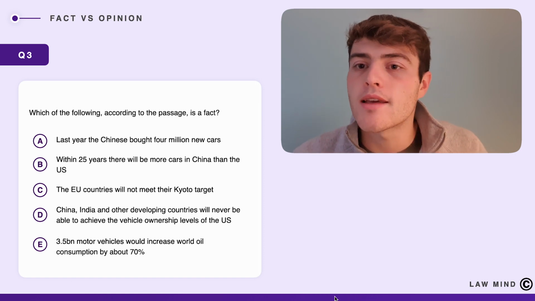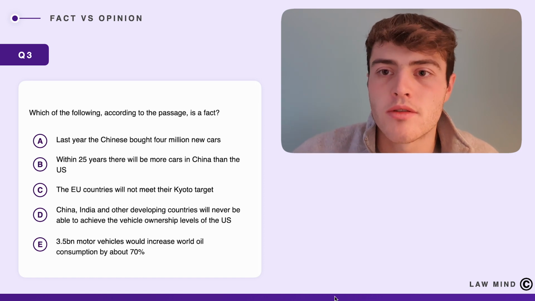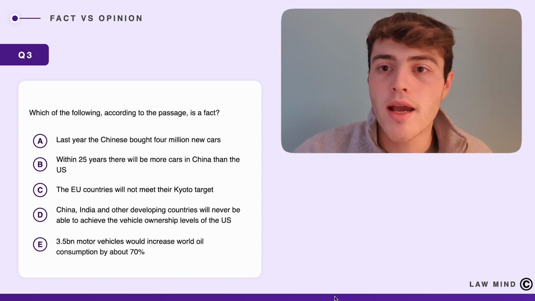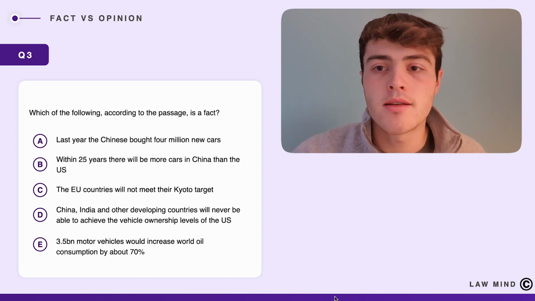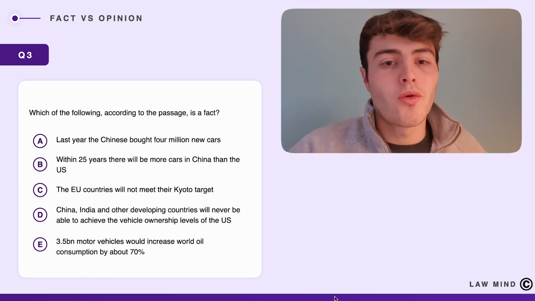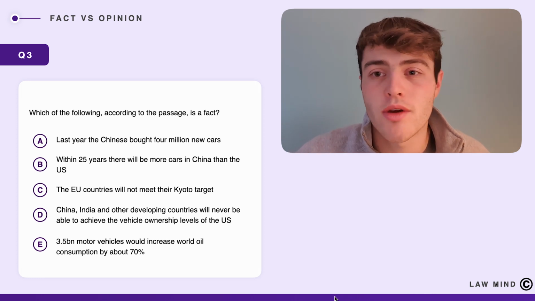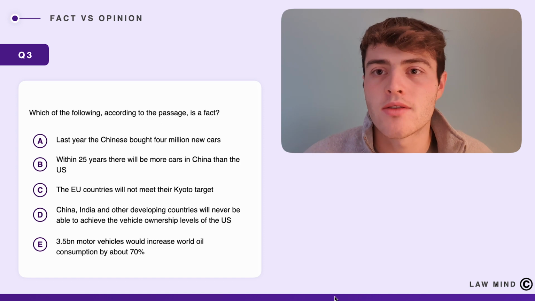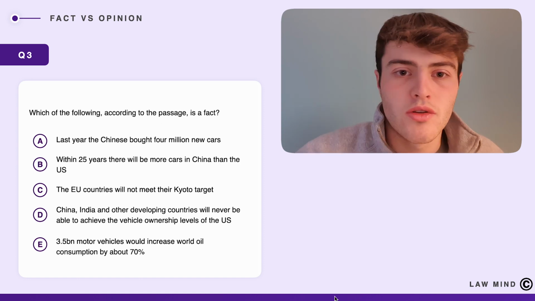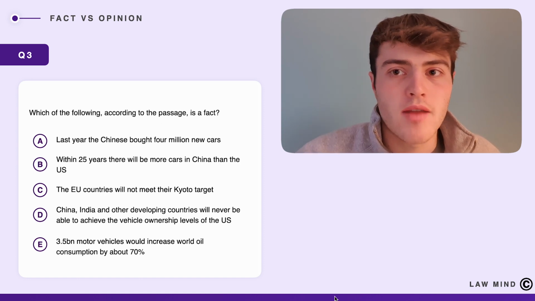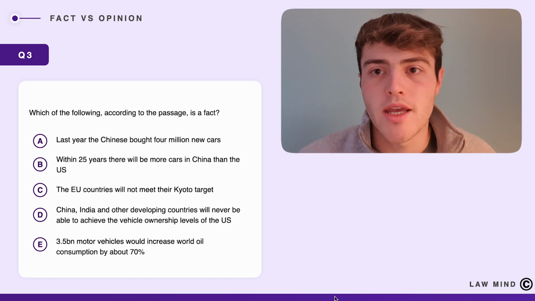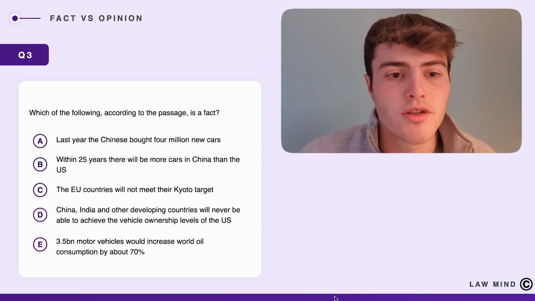This gives you a key link in each of the answer options. And that link will allow you to go back to the passage, find either the name of the country or the statistic that's been referenced, and refer that back to the question to work out if it's a fact or an opinion. So, with that in mind, we can use some elimination and get rid of some of these options.